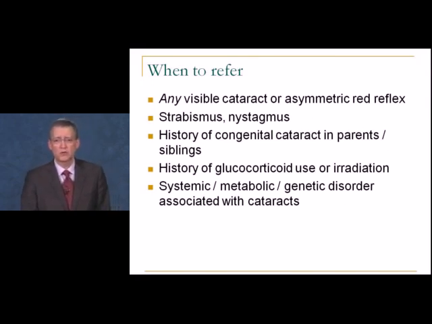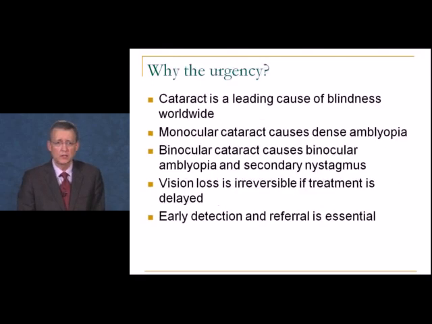History of glucocorticoid use or radiation, you probably already know that anyway, and then a systemic or metabolic or genetic disorder that's associated with cataracts. Most of those patients at some point need to get an eye exam anyway. So pretty straightforward, I think, on who needs to be referred in these cases.